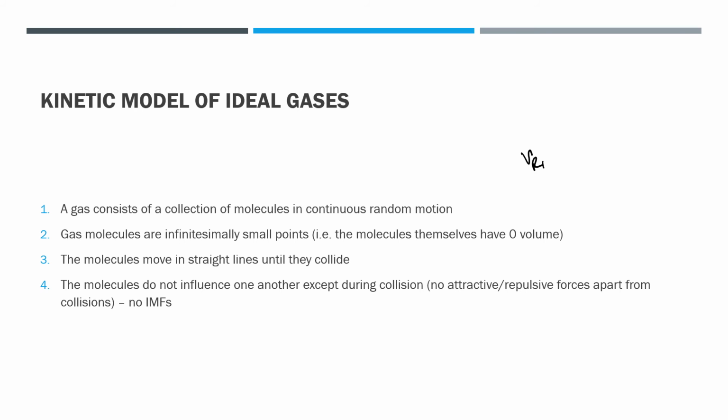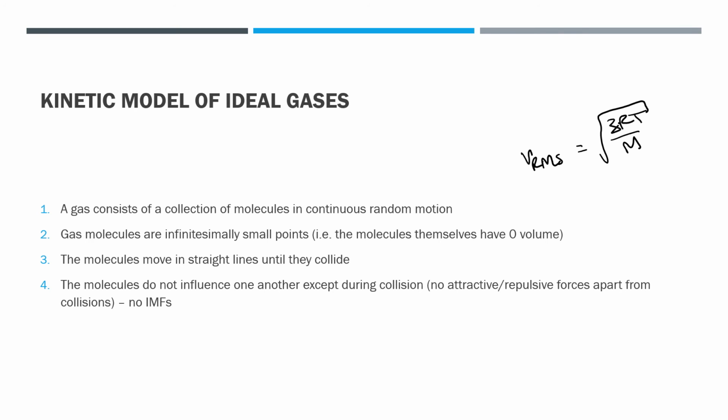As I said in the last slide, v_rms is the square root of 3RT over M, and just using these 4 key points, we can derive this from first principles, which is really cool. So let's talk about these 4 points, right?